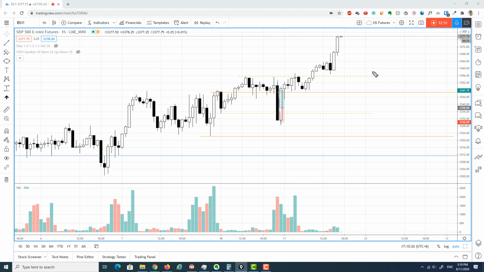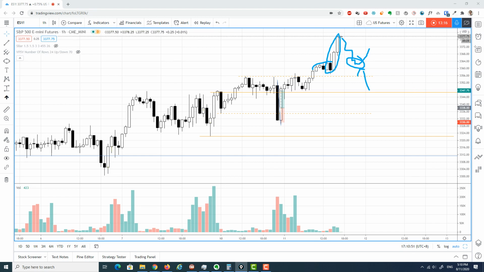Otherwise, probably these two levels can become other levels to watch. Maybe it could have some kind of test on this bullish bar before it reverses up. So this could become another long trade as well.